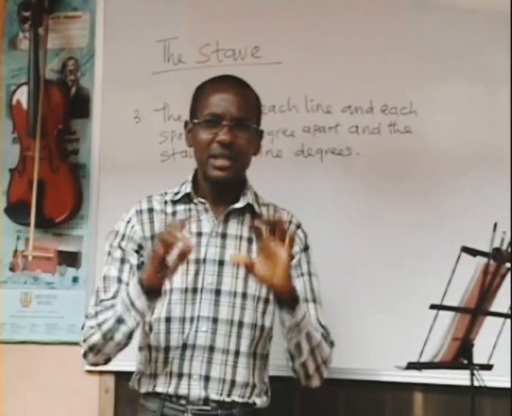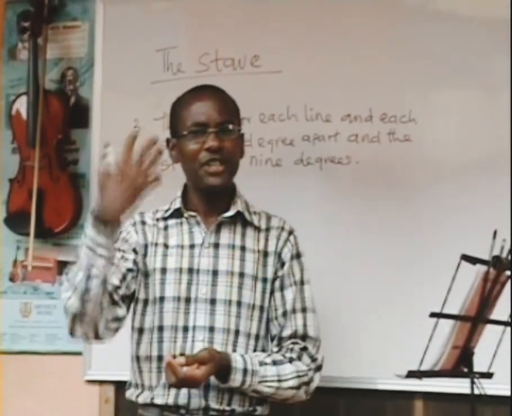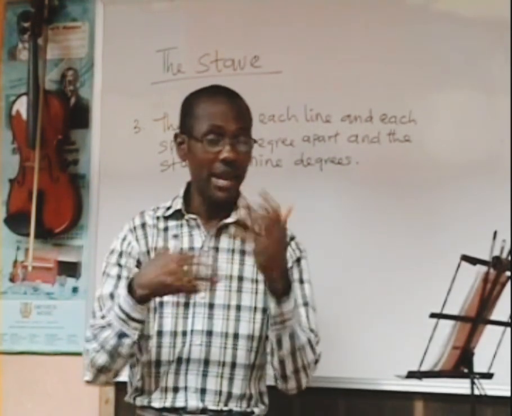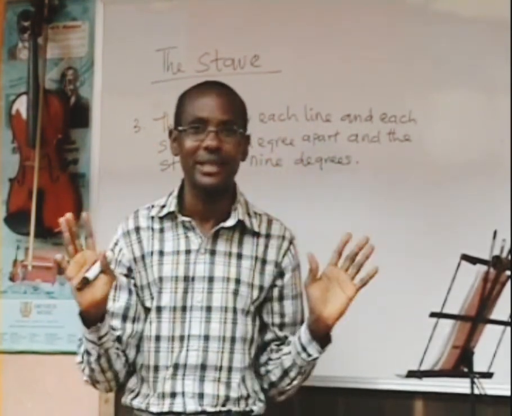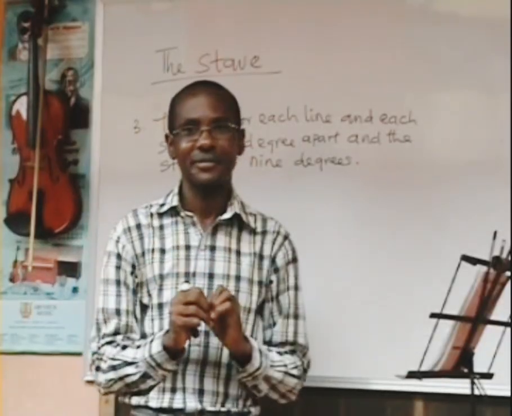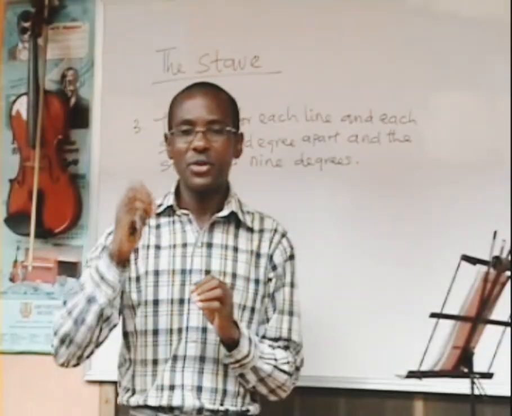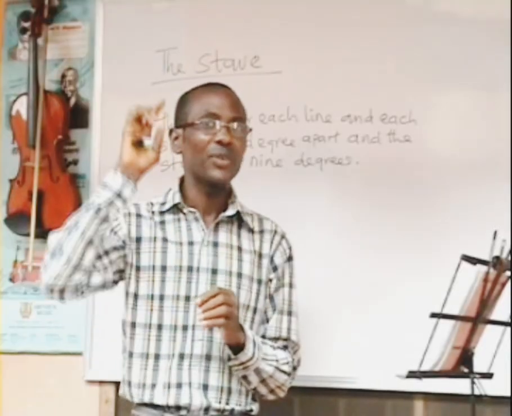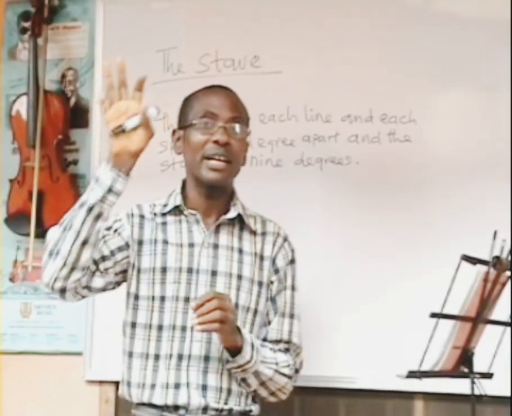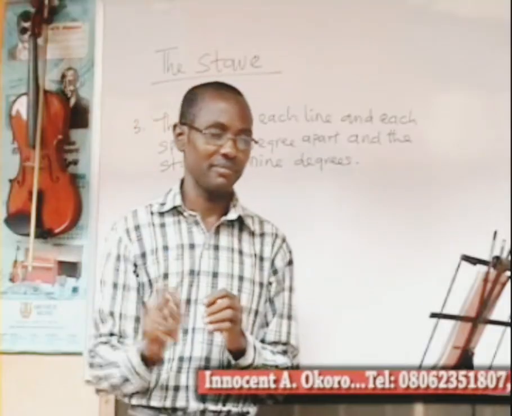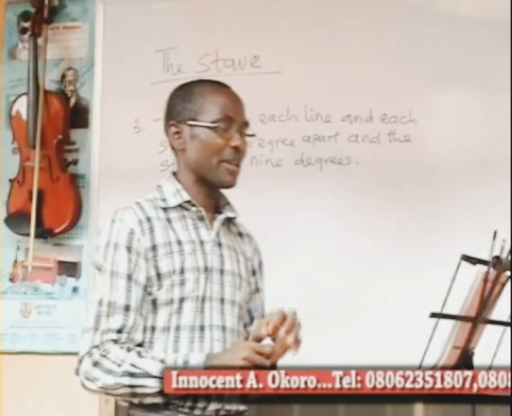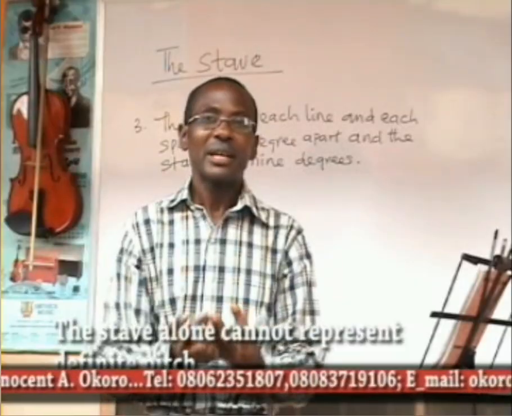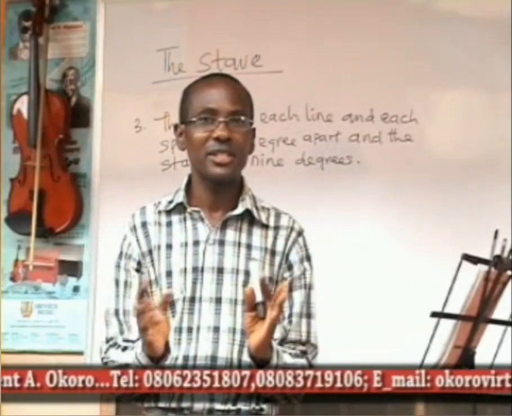Because the stave is the visual representation of your sounds. All the sounds you're going to make, they are visually represented on the stave. And that's why you take care of each sound you're making and understand that it is falling on a particular position. Now, I'm giving you the fourth information here. Stave alone cannot represent pitch.